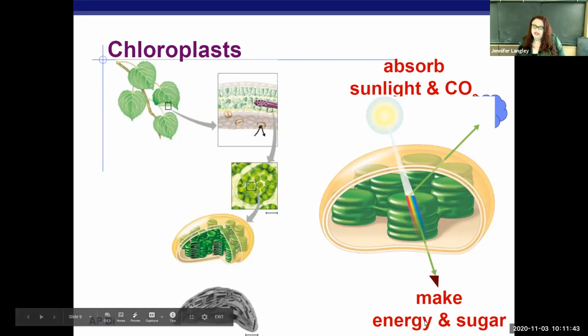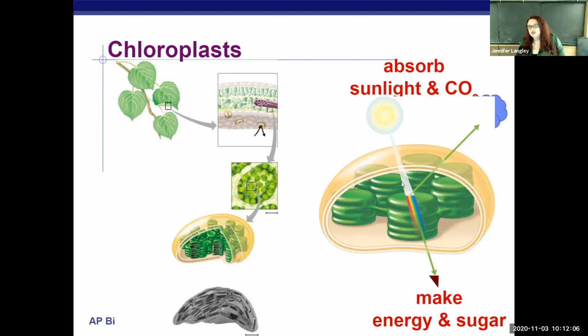Why do plants look green? Look here. So our chloroplasts are what are causing the green, but why does it look green to us? Why do we see green?